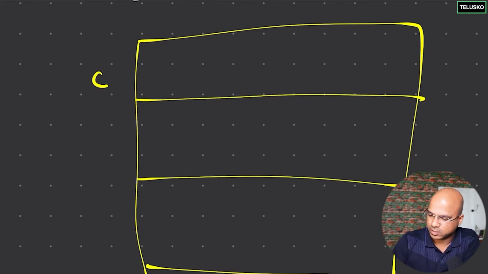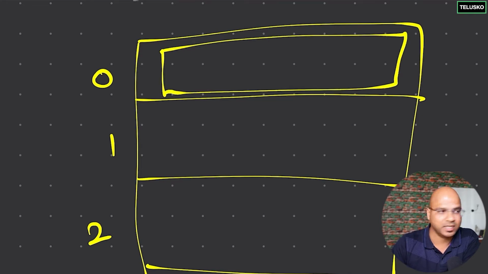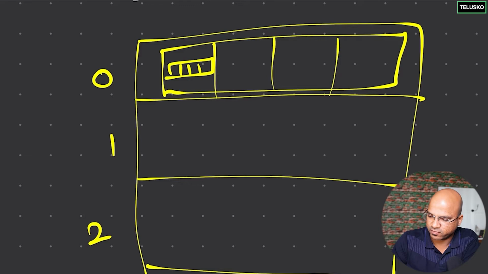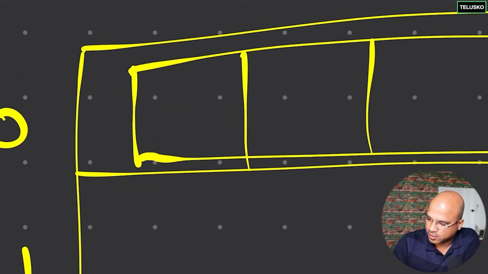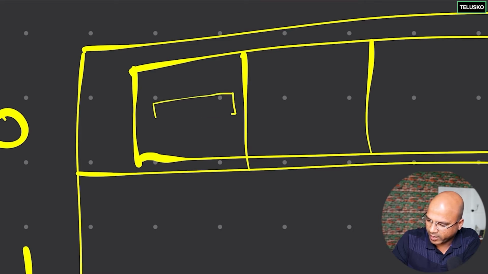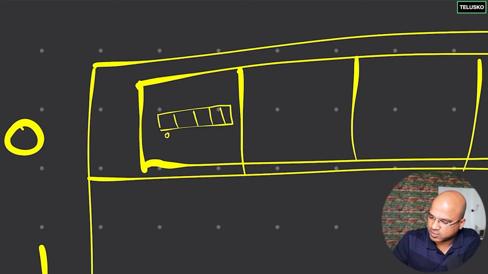We have 3 rows, 0, 1, 2. In this you have an array of size 4, so 1, 2, 3, 4. And in each box you have one more array, which is of size 5. Let me expand this. In this we have one more array of size 5, with index numbers 0, 1, 2, 3, 4.